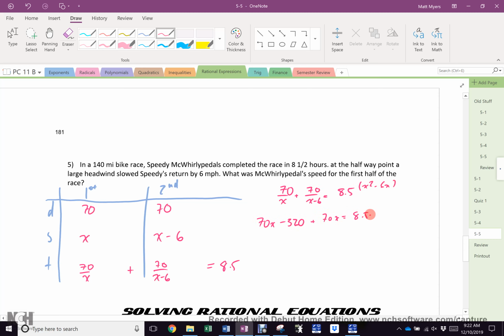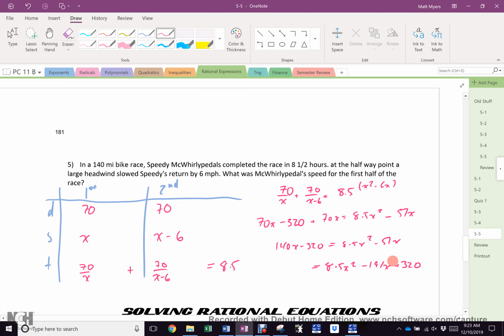So 8.5x squared minus 6 times 8 is 48, 51x. Right? What do we do? Collect like terms. 140x minus 320 equals 8.5x squared minus 51x. 8.5x squared minus 191x plus 320.